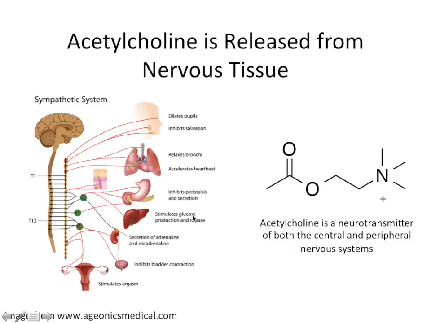You can see stimulation of glucose production and release, adrenaline secretion, and also noradrenaline, inhibition of bladder contraction, and just general stimulation. And what you can see here is this small thing that's not really noted, which is the sweat behavior. This falls into the same category as these other processes. Again, part of the sympathetic nervous system.